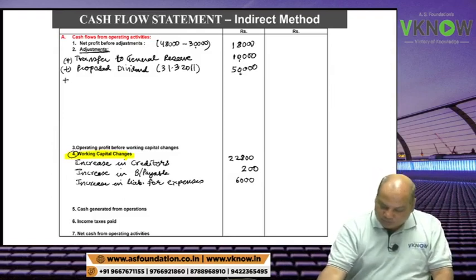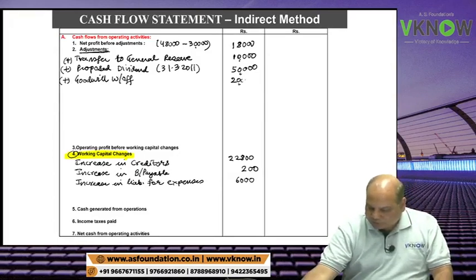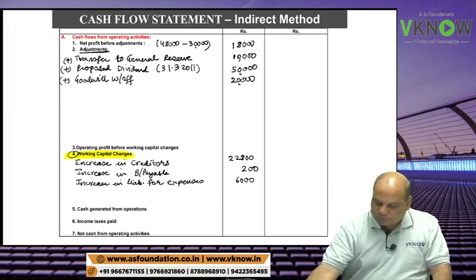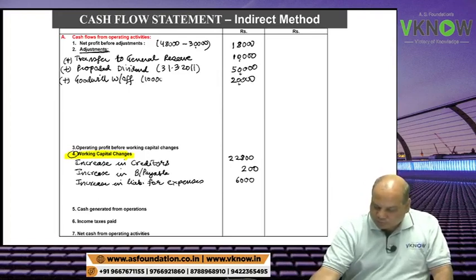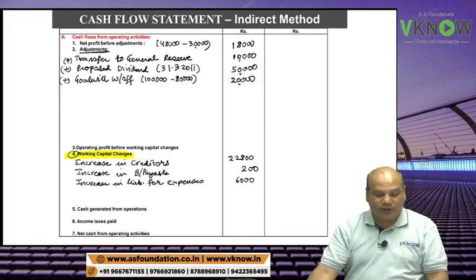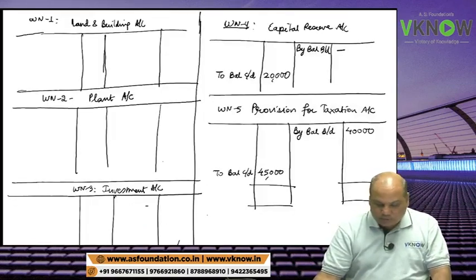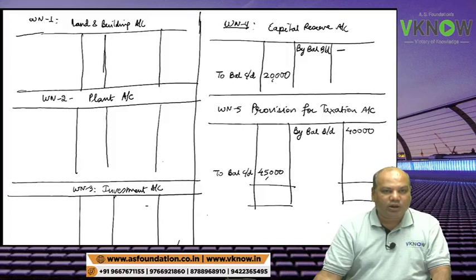So one more item, add goodwill written off in adjustment, positive number 20,000. If you want to write calculation, every time you can write the calculation, no harm. 1 lakh minus 80,000.